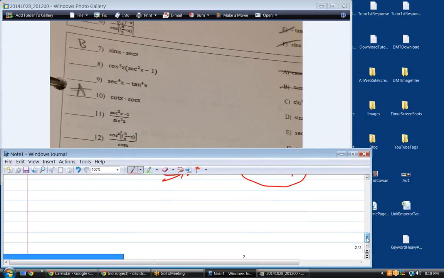When you see pi over 2 minus x, there's really only one thing to think about or do to handle that. What does that equal to? It's a property of cofunctions.